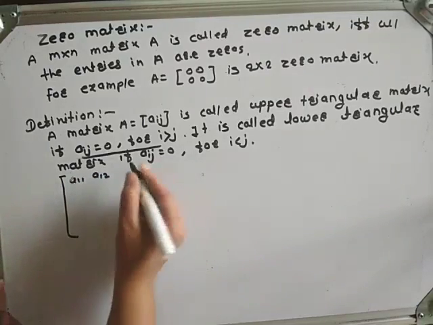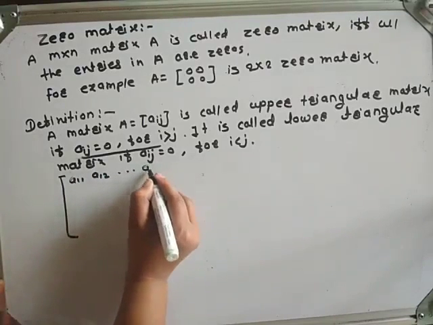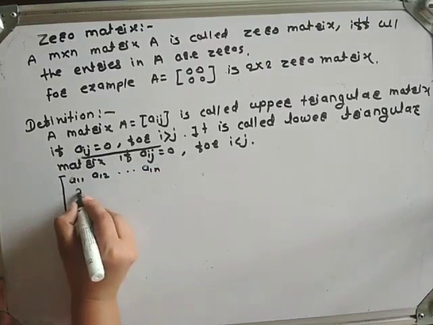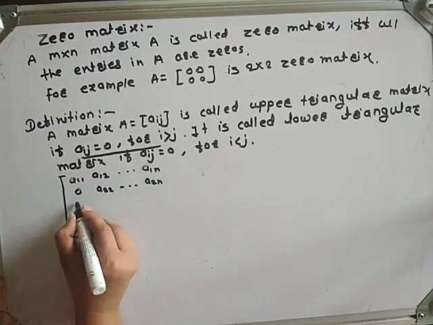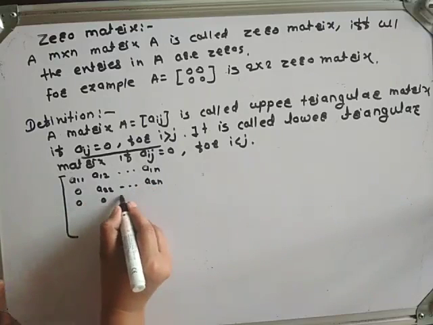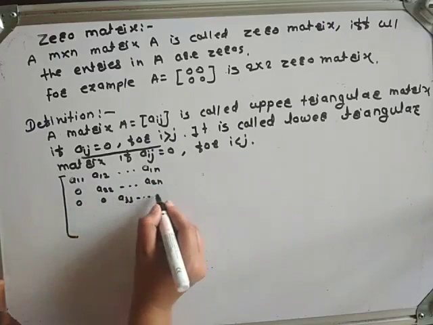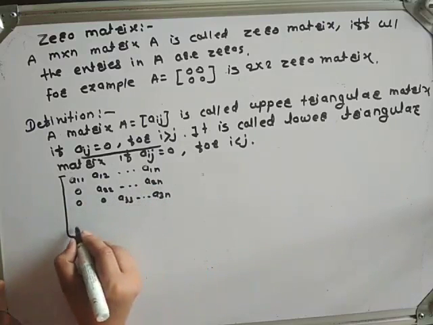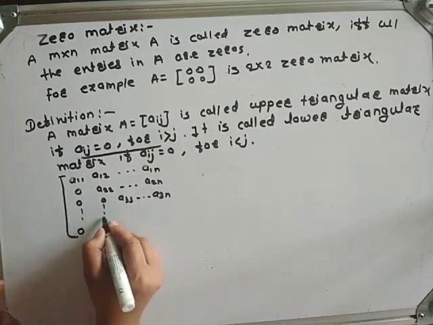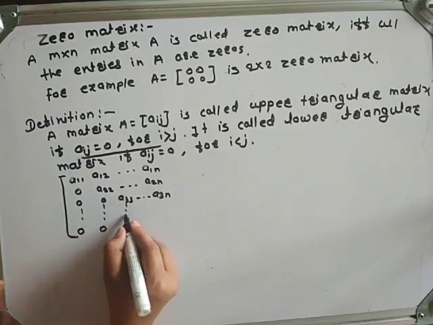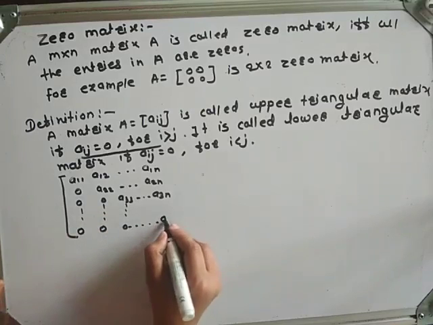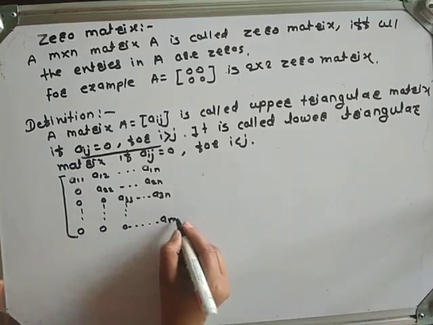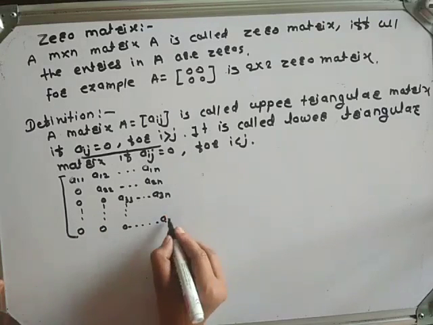A11, A12 and so on up to A1n. 0, A22 and so on up to A2n. 0, 0, A33 and so on up to A3n, and so on up to 0, 0, and so on up to Ann.